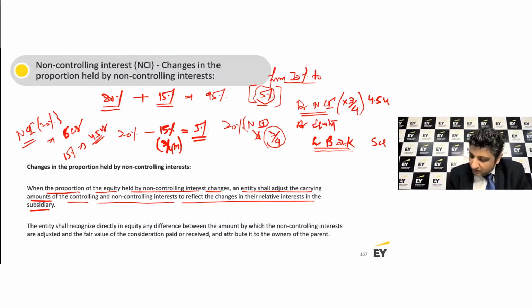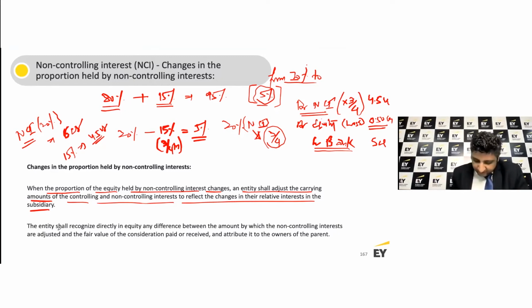But we don't take that as a part of the statement of profit or loss. We are simply taking it in the form of equity. It's a change within the ownership pattern, and any change in the ownership pattern is reflected through equity, not through the statement of profit or loss.